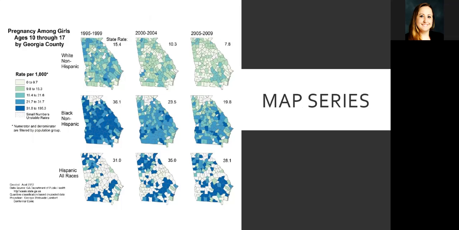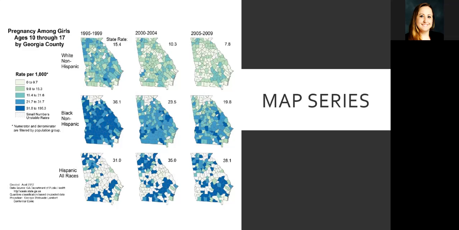So the first row is white non Hispanic, then you have black non Hispanic in the second row, and then Hispanic in the bottom row. And then the time becomes more recent from 95 to 99 on the left, and then 2005 to 2009 on the right.